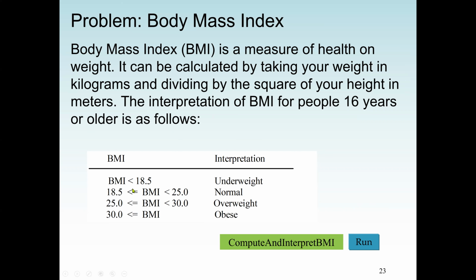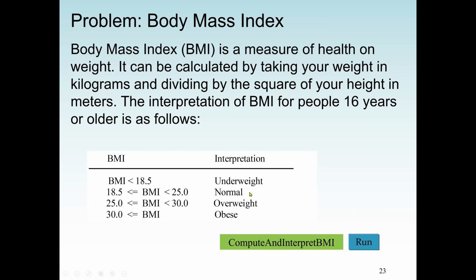If your BMI is less than 18.5, you are underweight. If your BMI is less than 25 but greater than 18.5, you are normal. If your BMI is less than 30 but greater than 25, you are overweight. And if your BMI is more than or equal to 30, it means you are obese.